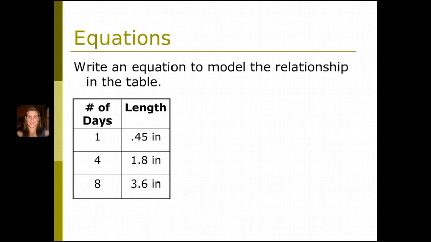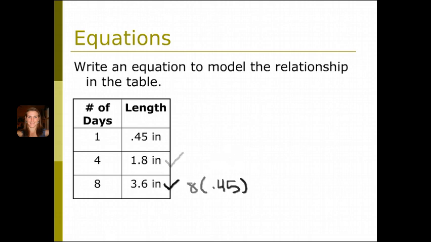If you are trying to multiply, well, 1 times anything is itself. So 1 times 0.45 equals 0.45. So let's try multiplying 4 times 0.45. If you plug that in your calculator, you will see that you get 1.8. 8 times 0.45 also gives you 3.6.